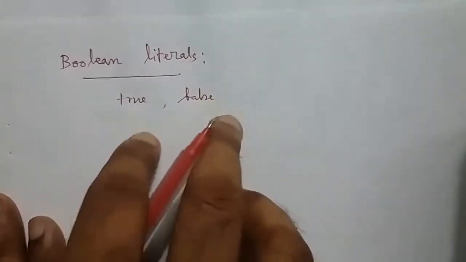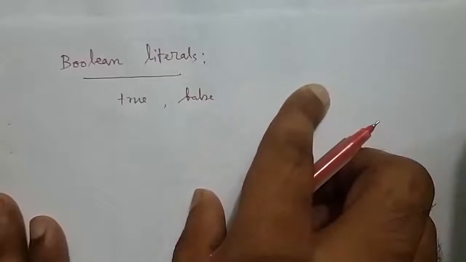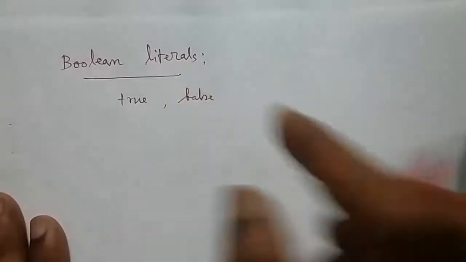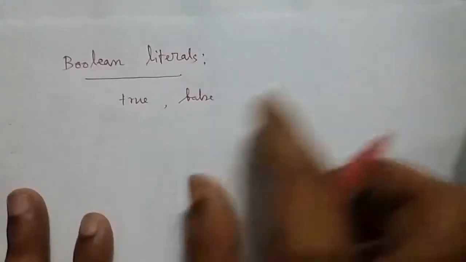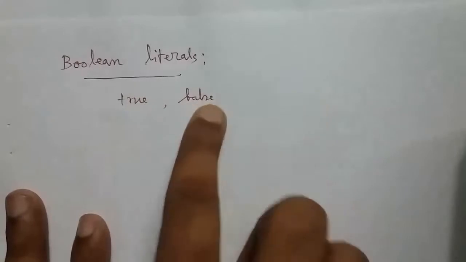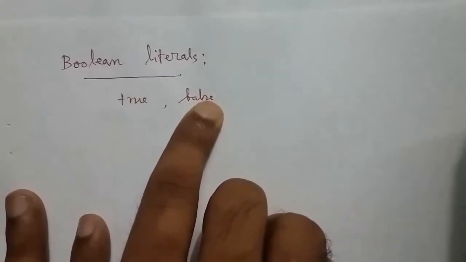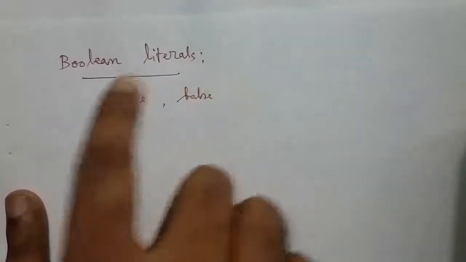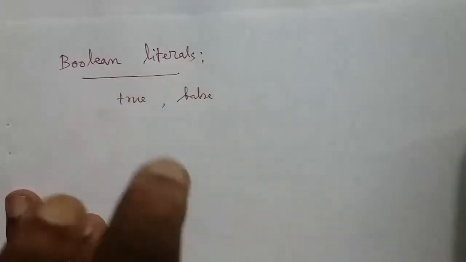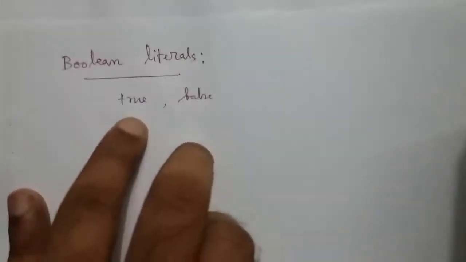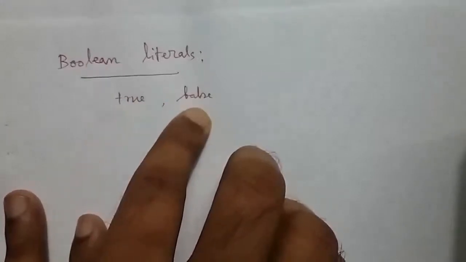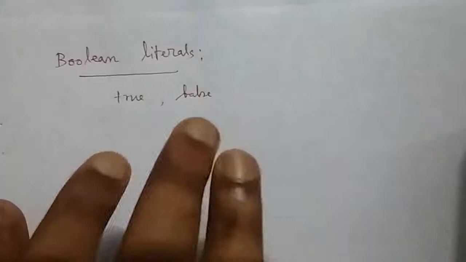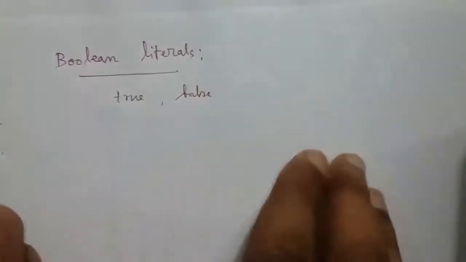These two literals are used in Java programs to check whether a given logical condition is satisfied or not. If the logical condition is satisfied, then true is returned, otherwise false will be returned. Okay, so Boolean literals are only the two constant values, true and false, which are used in Java programs to check whether a given condition is satisfied or not.